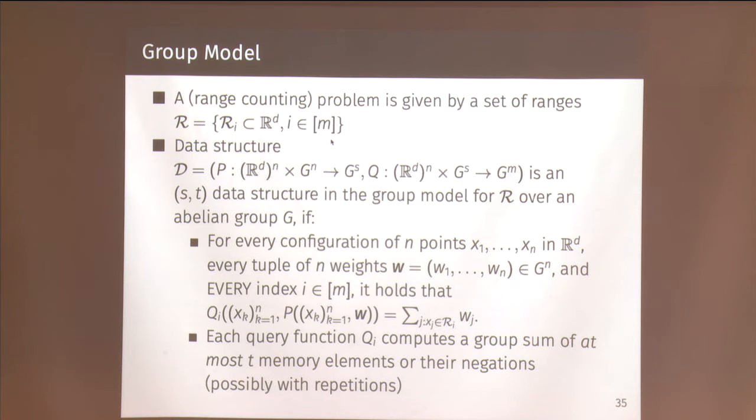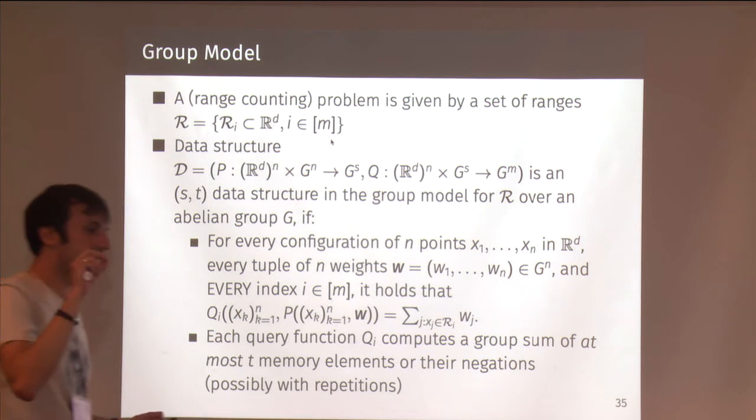And here the group is not known, the weights are. If it's a small constant size field, our proof will give a lower bound for a field which is not small. It will only work for fields of size 2 to the n log n and larger.